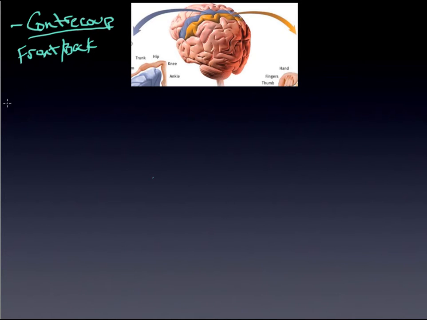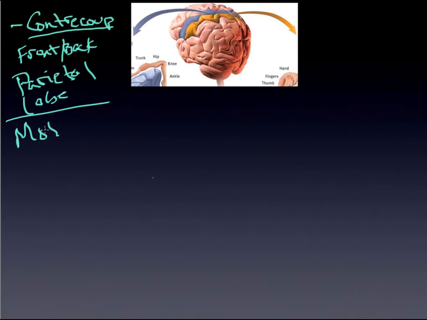Now let's look at two specific areas in the parietal lobe. Remember, that's the topmost area of the brain itself. The first one that is part of this is the motor cortex, and the motor cortex is primarily responsible for output.